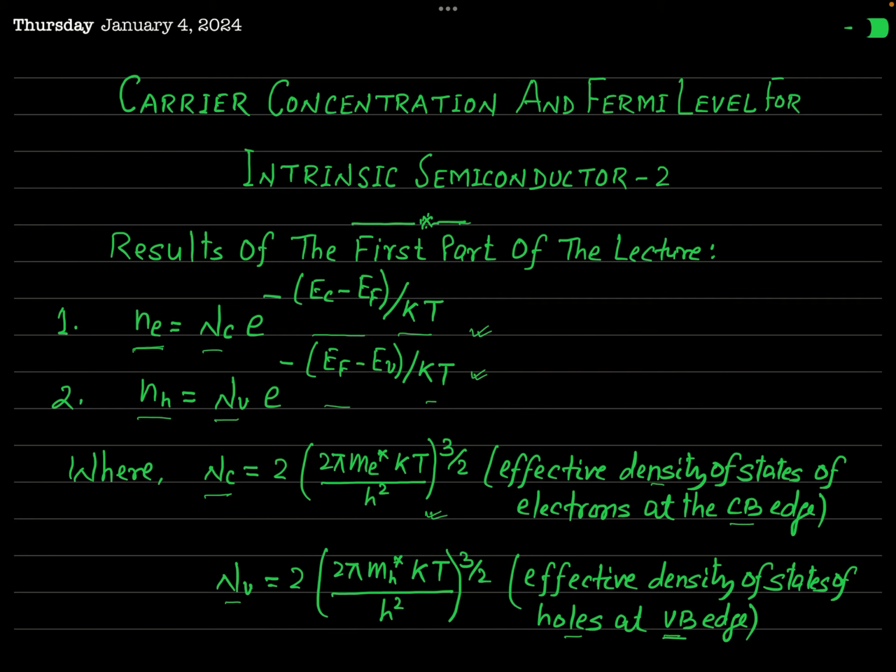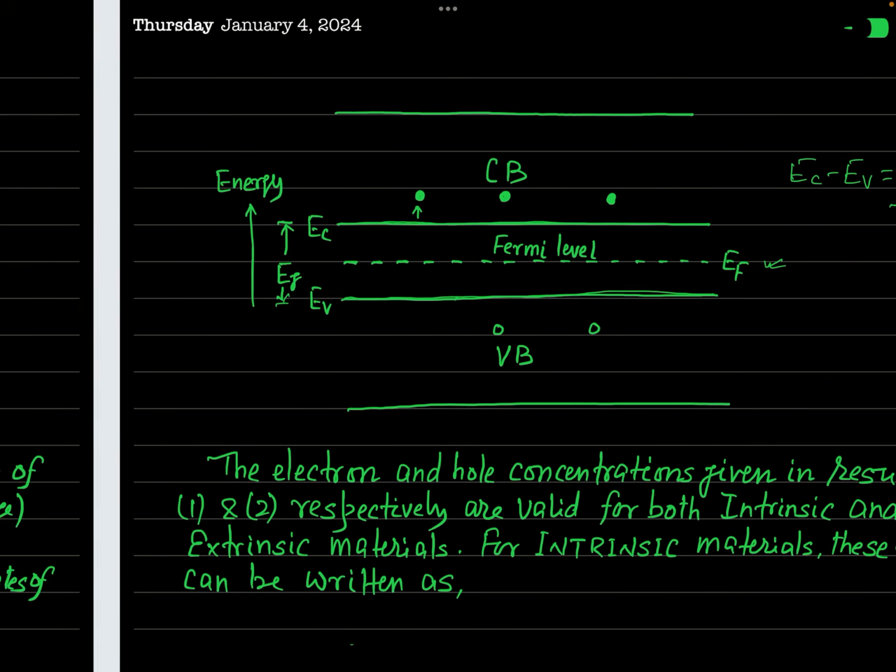The results which you have written here and obtained in the previous lecture for the concentration of electrons and holes also hold for the extrinsic semiconductor. Although we obtained them for intrinsic semiconductor, these results also hold for extrinsic semiconductor.